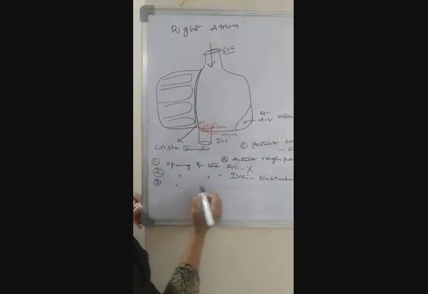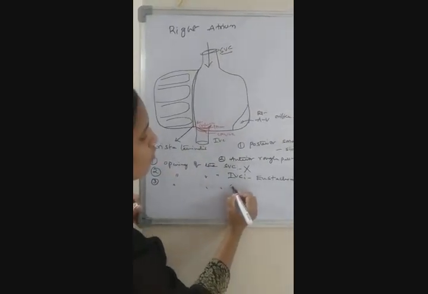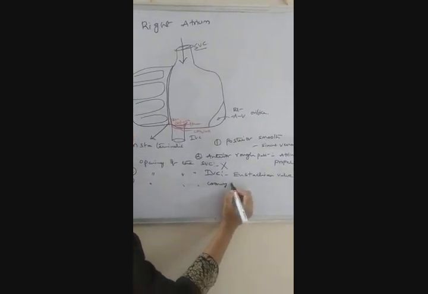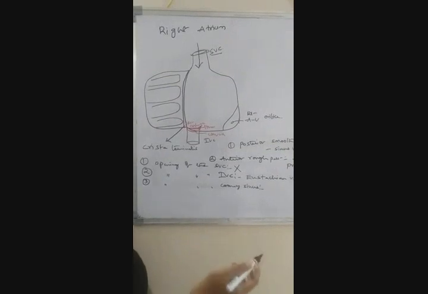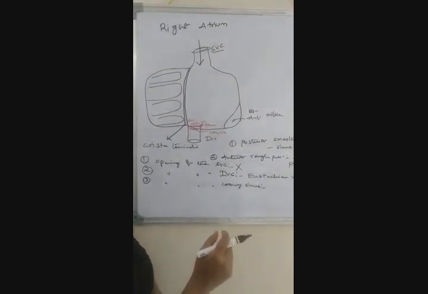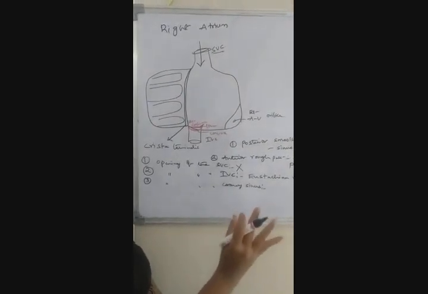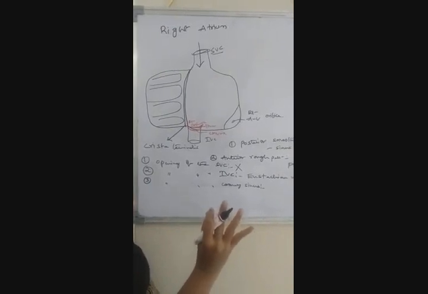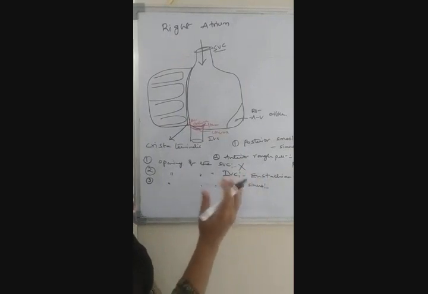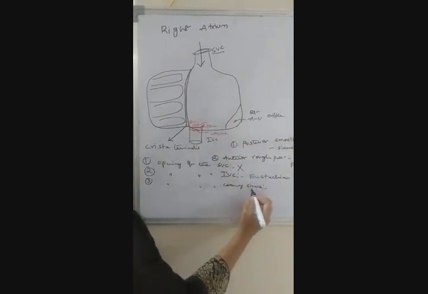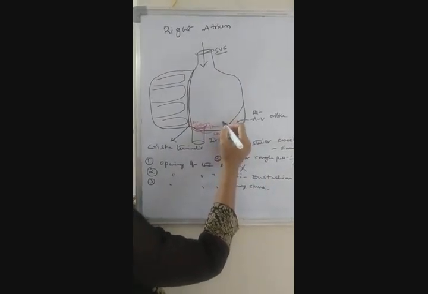Next, coming to the opening of the coronary sinus. So what is the coronary sinus? It is the wide venous channel which drains 60% of the venous blood from the heart. Where is it present?